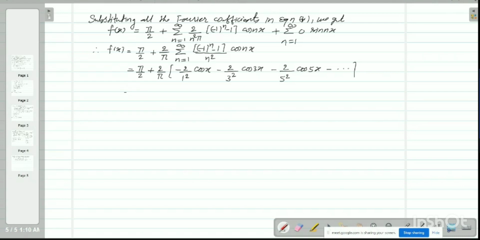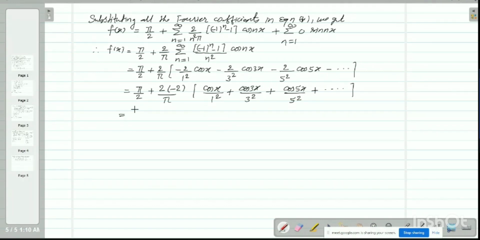So this is pi by 2 minus, taking minus 2 outside from each term, 2 here plus, and minus 2 outside by pi. Just write down here: cos x upon 1 square plus cos 3x upon 3 square plus cos 5x upon 5 square and so on. This is an infinite series, running up to infinitely many terms.